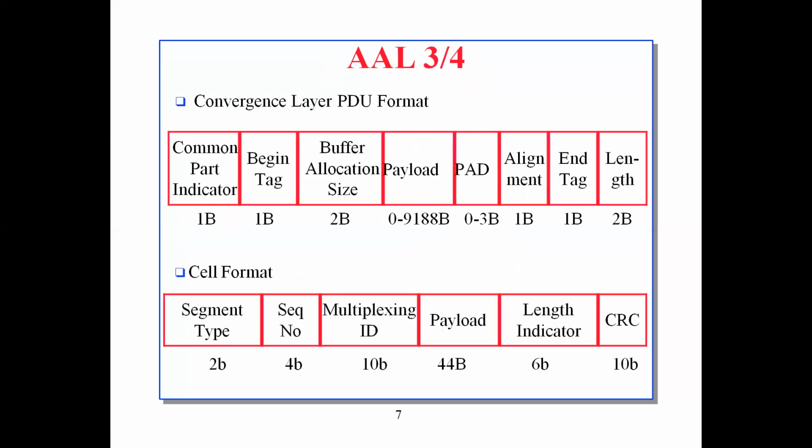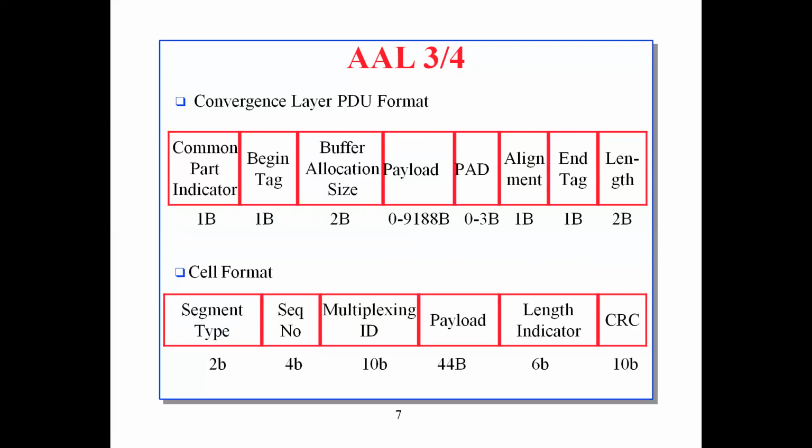Next is the frame format of AAL3. In cell format, first is segment type, which is of 2 bits. Segment type is used for message framing. If segment type is 00, it is said to be in the middle, that is continuation of message. If it is 01, end of message.